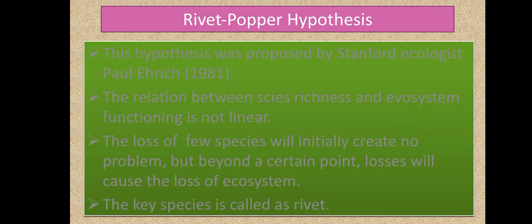When some species are removed from that ecosystem, certainly the ecosystem will be disturbed or it will be lost. The lost part of the wings is called a rivet, and in context of ecosystem it is called a key species.